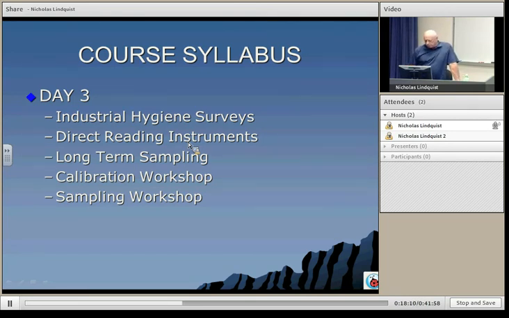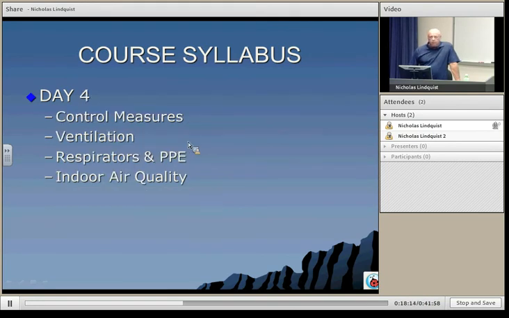On day 5, we're going to focus on the physical hazards: noise, radiation, temperature extremes, which could include heat stress as well as cold stress, a little bit on ergonomics, and finally a small section on biological hazards. On the final day, then we'll talk about careers in occupational safety and health.